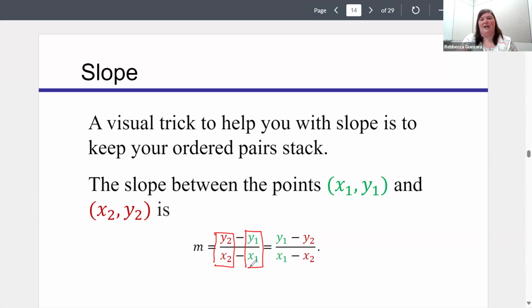Make sure y is on top. Or if you do it the other way, if you put your ones first, you could put your y second. That doesn't matter. What matters is that you keep those points paired like that. So you keep your twos together, you keep your ones together, because that is going to guarantee that you don't end up with the wrong sign on your slope. So you don't end up with a positive when you meant to have a negative, or vice versa.